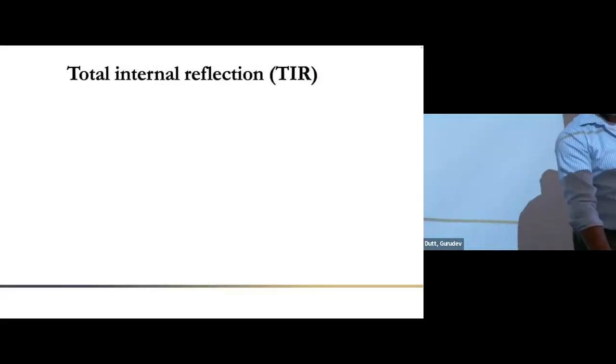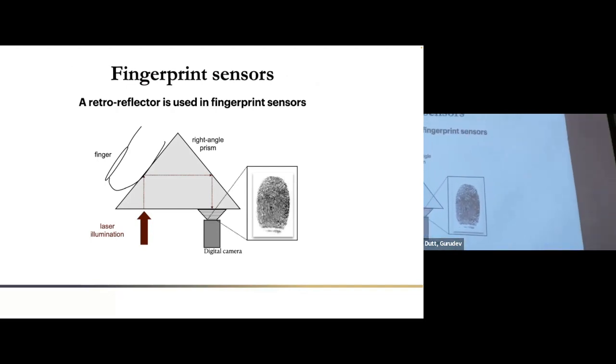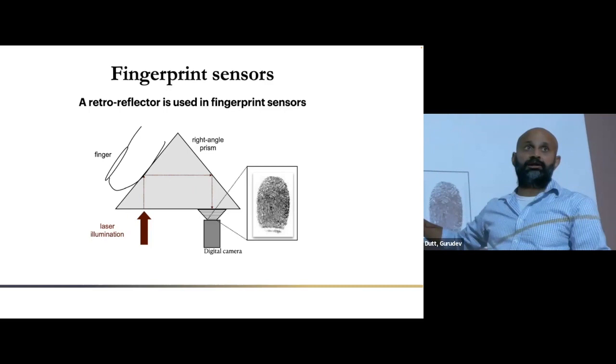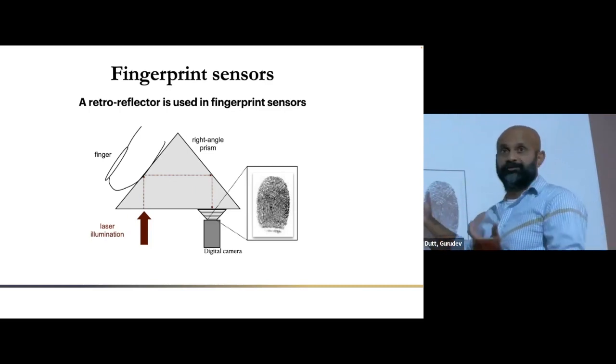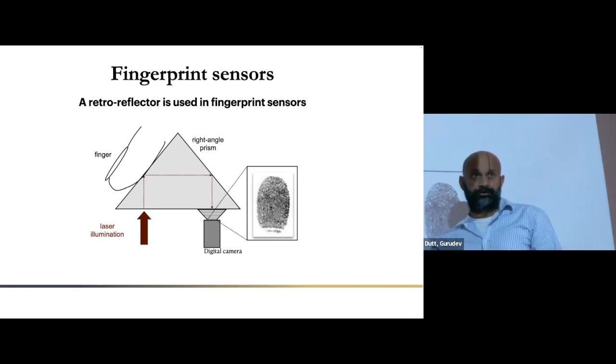Okay, so here are some applications in technology for total internal reflection. You can use it in fingerprint sensors. That's just one example. Before we had face recognition, iPhones used fingerprint recognition.